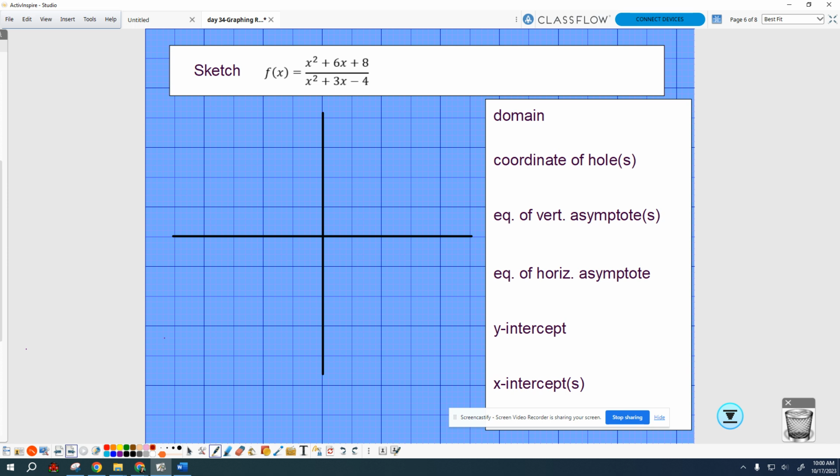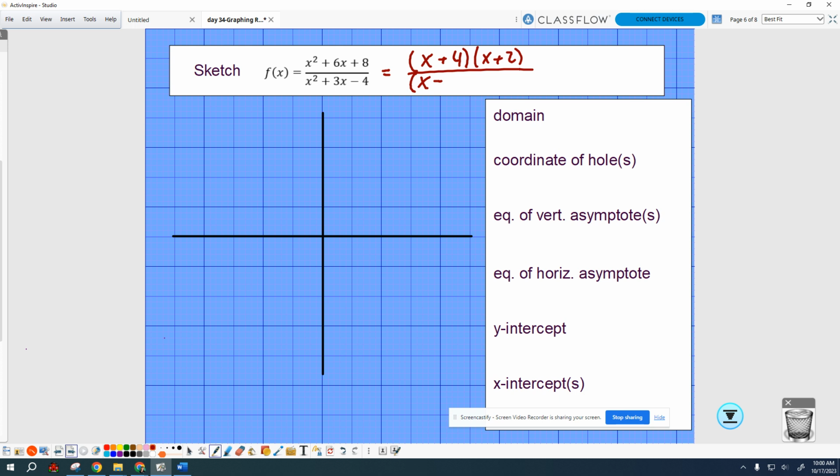Maya, can you factor the top for us? It would be x plus 4 and x plus 2. Karis, can you factor the denominator? It multiplies to be -4 and adds to be +3.